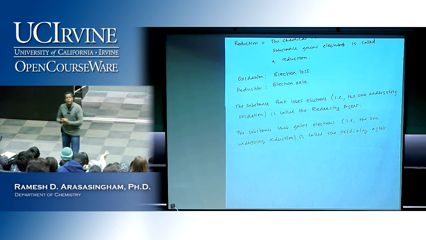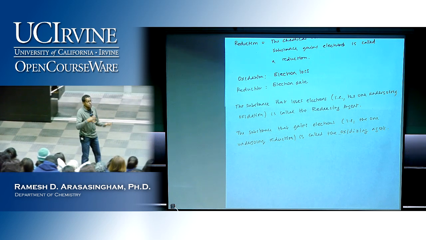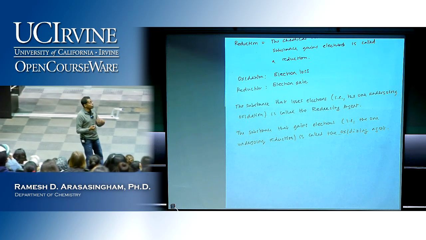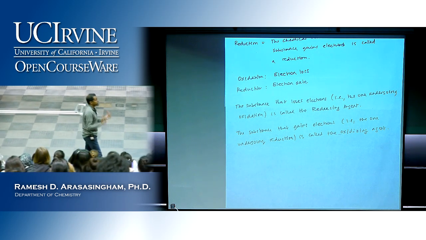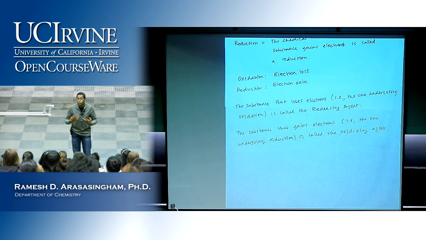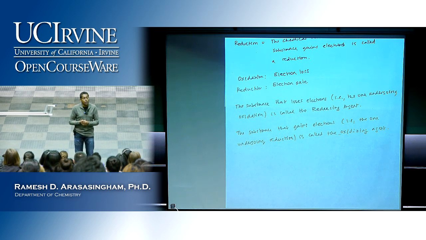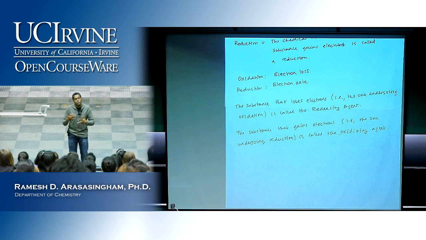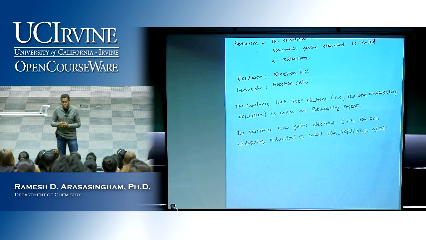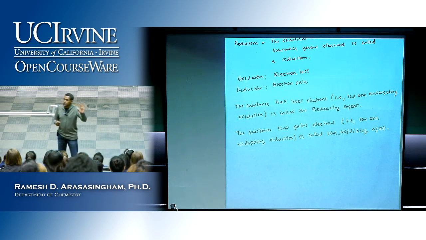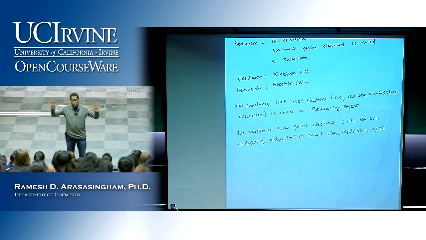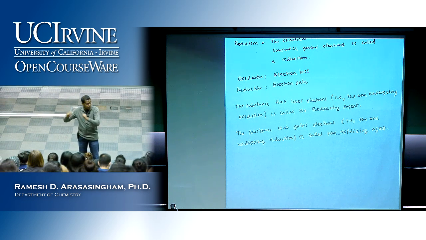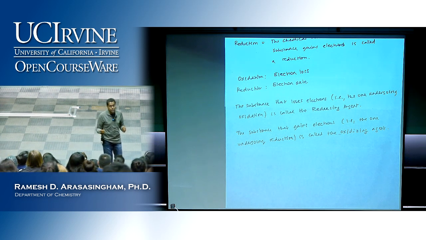All right? So in order to figure out whether electrons are being lost or gained, or who's losing electrons, who's picking up electrons, we have a set of rules that we use. And this is called rules for assigning oxidation numbers. So we have this system of rules for keeping track of electrons. So we want to figure out how many electrons did it start with, and how many electrons does it end up with? Is it losing electrons, or is it gaining electrons?